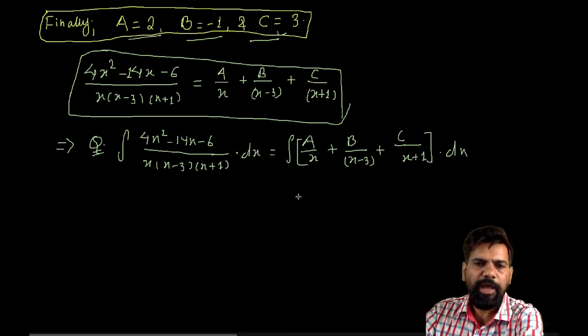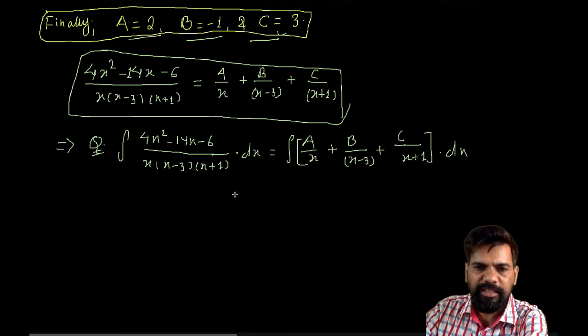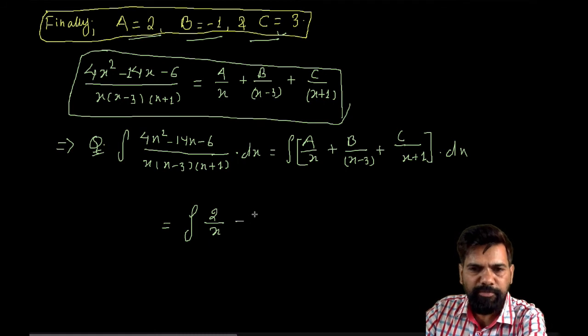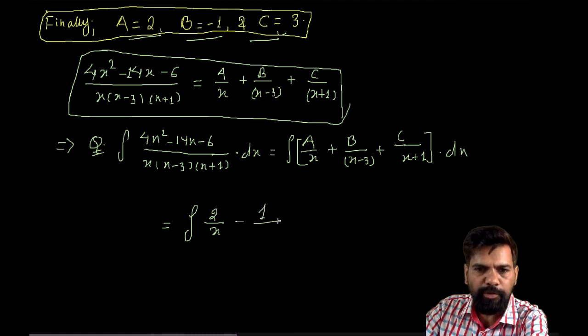Now substitute the values of A, B, C respectively. Then we will have the integration of 2 over x, minus 1 over x minus 3, plus 3 over x plus 1 dx.